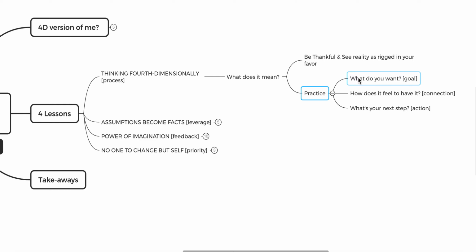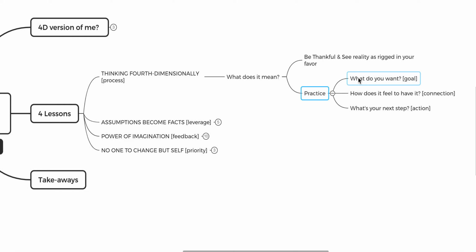And now, another practice which is really powerful is to really establish this connection with your highest self, to God, through practice of gratitude. And another way how you can practice it is by imagining how does it feel to have it, and then being thankful for it, of course.